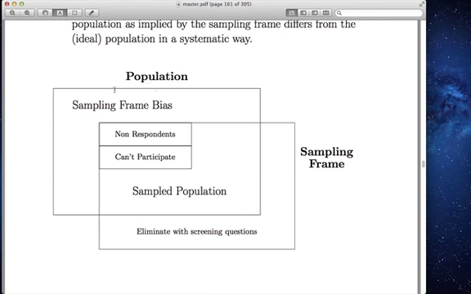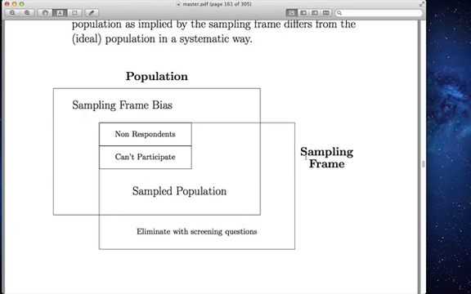I want to know the mean of all the people in this box. Well, I can't go do a census. Instead, I'm going to do a sample. I'll draw a sample from this, and from that sample, I'll get a statistic that is meant to infer the parameter.